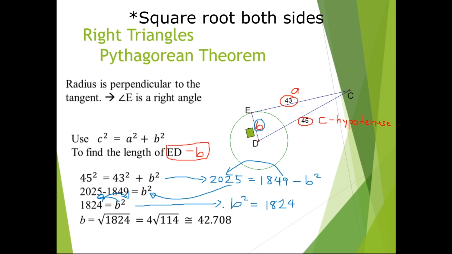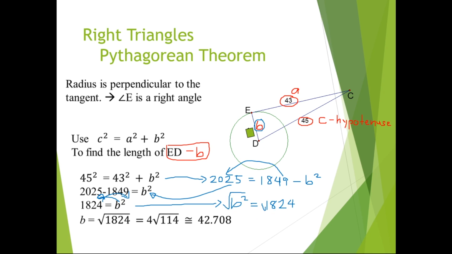After that, we are going to find b, which is the radius, named segment ED or segment DE. We take the square root of both sides, so the square root of b squared is b. The result is approximately 42.708, rounded off to the nearest thousandths.